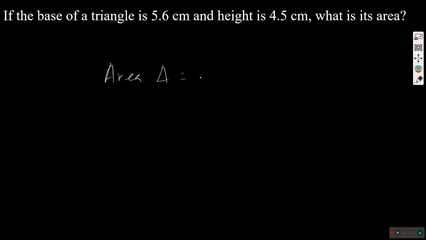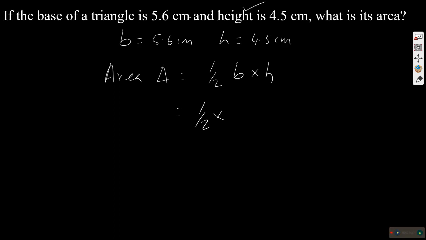Area of the triangle is calculated by the formula half into base into height. Base is equal to 5.6 and height is equal to 4.5. You will multiply and you will get the answer.